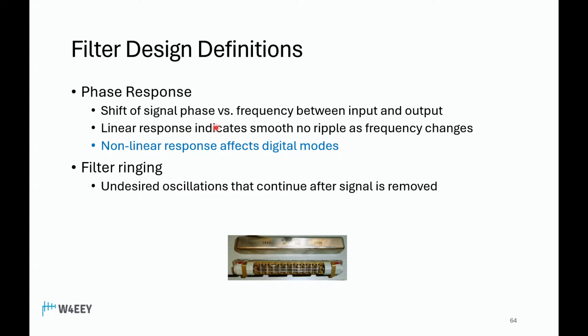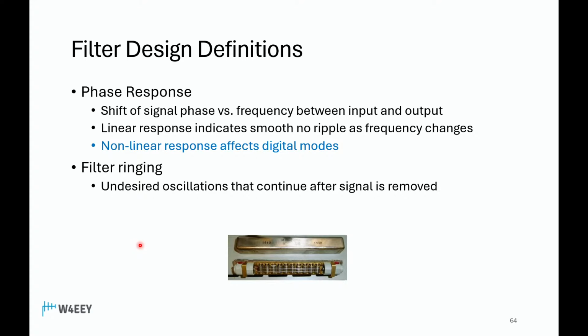So shift of signal phase versus frequency between input and output isn't normally a problem with just voice communications. Linear response indicates smooth, no ripple as frequency changes, and I'll have a picture of that in the next slide. However, a nonlinear response can affect digital modes. Digital modes hate variations in filter phase.